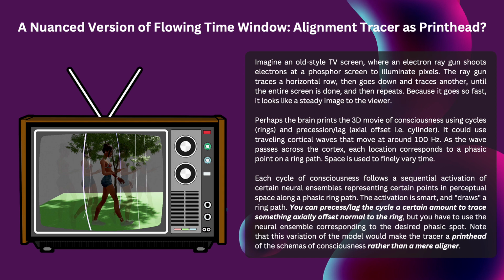So the idea is that, like an old TV cathode ray tube would shoot the electrons in rows from left to right, left to right, left to right, and it'd be jumping down a row every time until it illuminated every pixel on the TV screen. So I think it's possible also that the colors of consciousness might be refreshed in a similar fashion, but with rings generally.